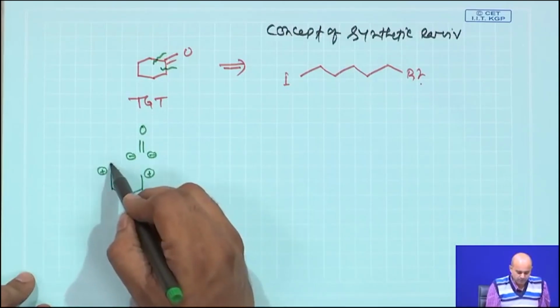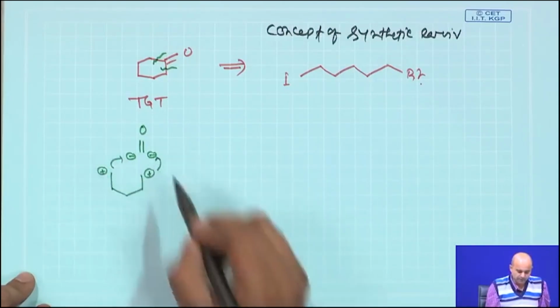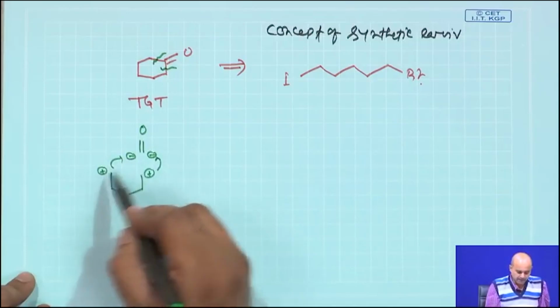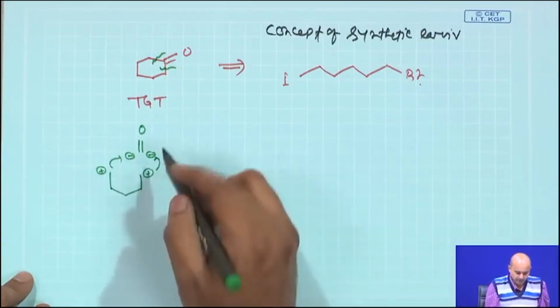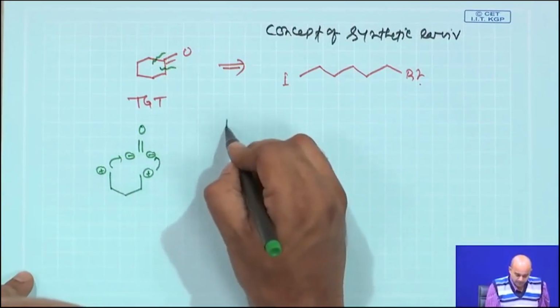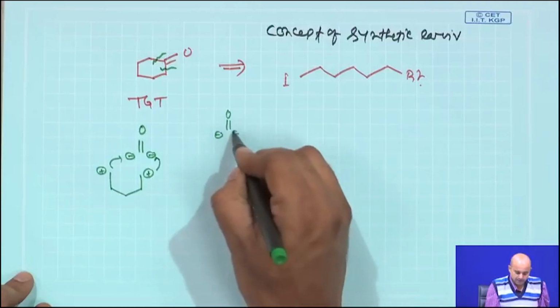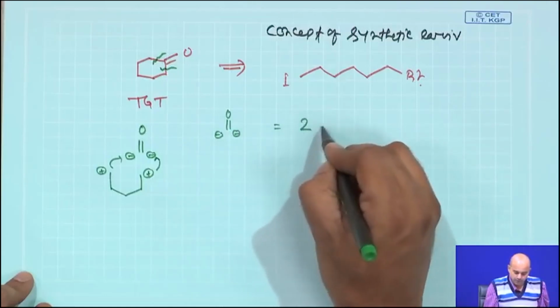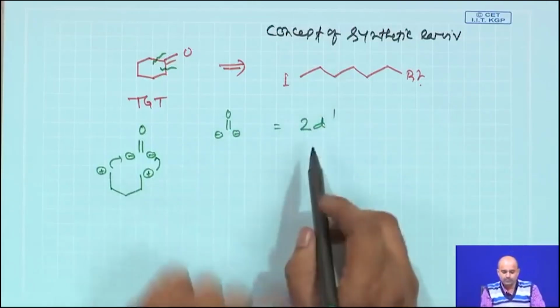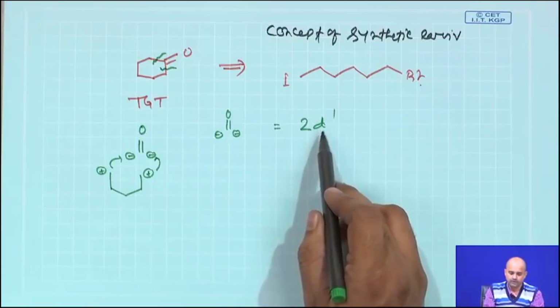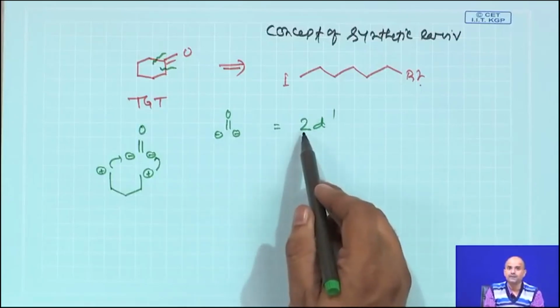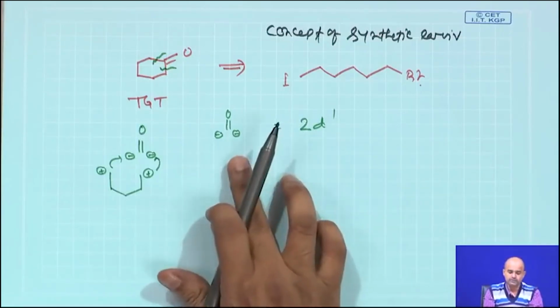So, if you disconnect this way, this minus reacts here, this minus reacts here. This species I have drawn here is named a 2D1 species. D stands for donor, 1 for 1 carbon, and 2 for doubly negative, that there are 2 negative charges.